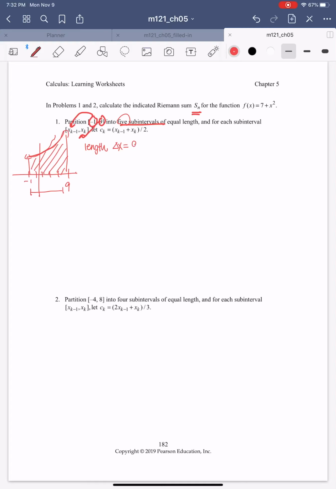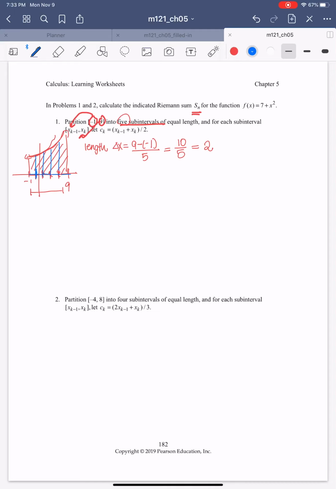So 9 minus -1 gives 10, over 5, which is equal to 2. So each length, 1, 2, 3, 4, 5, will be equal to 2. 2, 4, 6, 8, 10, so a total length of 10. Now, what about c sub 1?